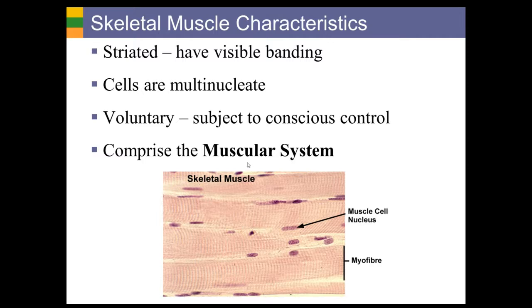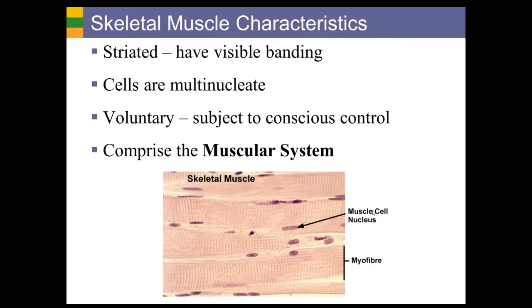And unlike cardiac muscle and unlike smooth muscle, they are under voluntary control. Okay, so smooth muscles you can't control, cardiac muscle you can't control, skeletal muscle cells we can control, of course.